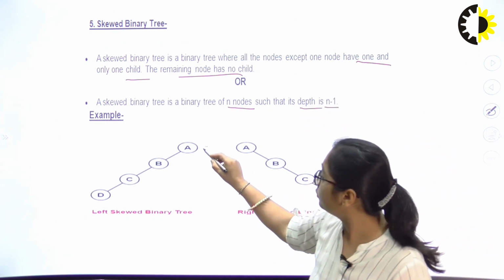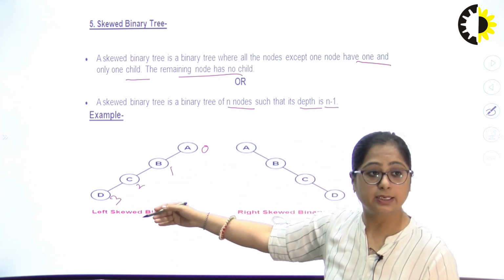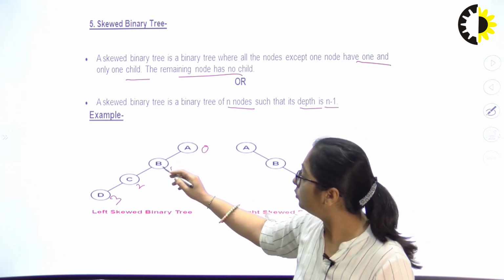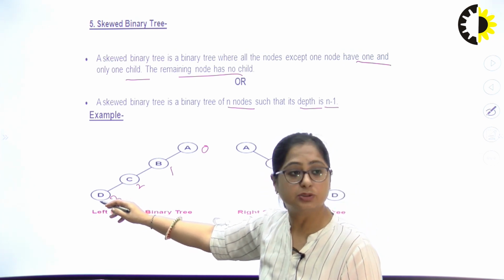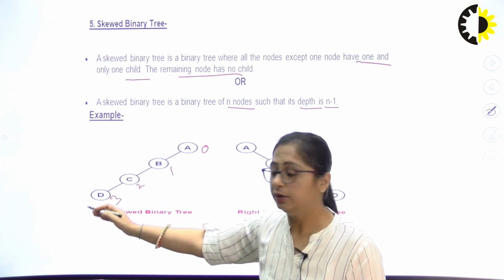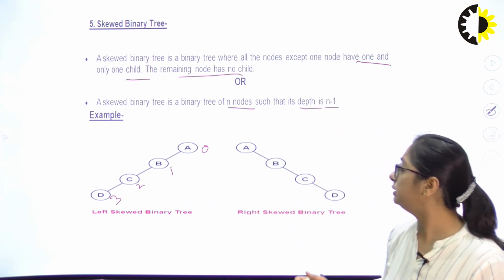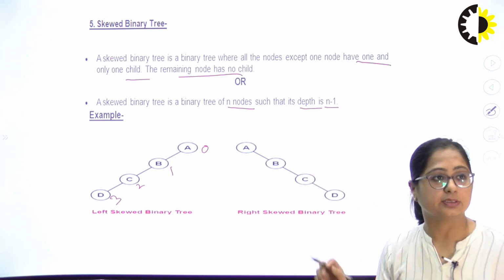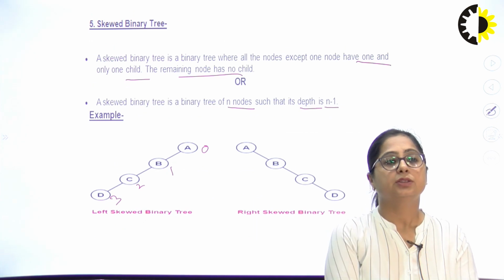Here you can start from 0, 1, 2 and 3. Here 4 nodes are there, depth is equal to 3. So every node has at most 1 child except this last node. This is left skewed because all the nodes go in the left direction, and this is right skewed, all the children in the right direction. So this is the way you define the skewed binary tree.